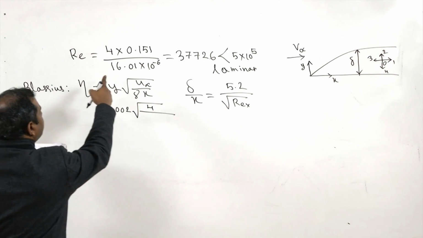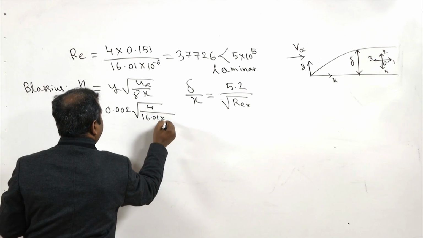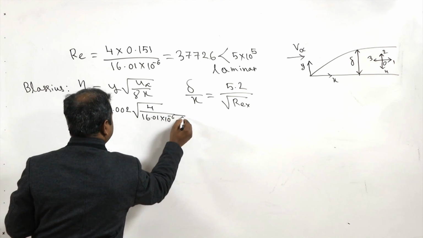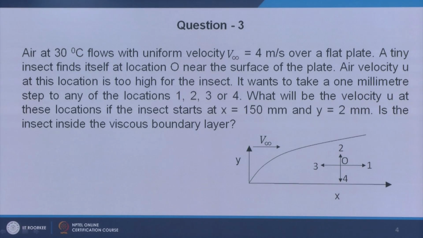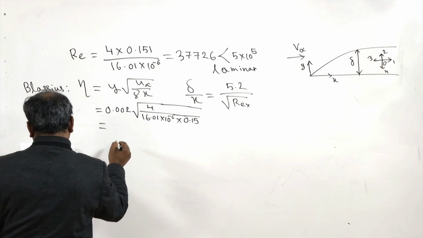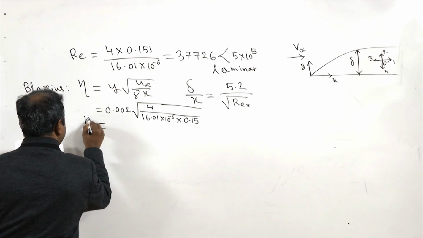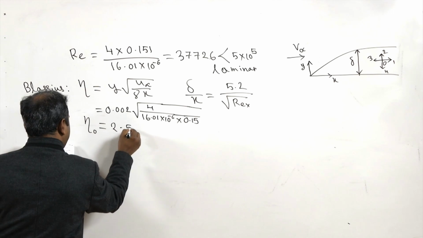Just now we have used 16.01 into 10 to the power minus 6, which you need to find out from the air property table. And x at the 0 location is nothing but 150 millimeter, so that means 0.15. If we use this, eta at 0 comes out to be 2.581.